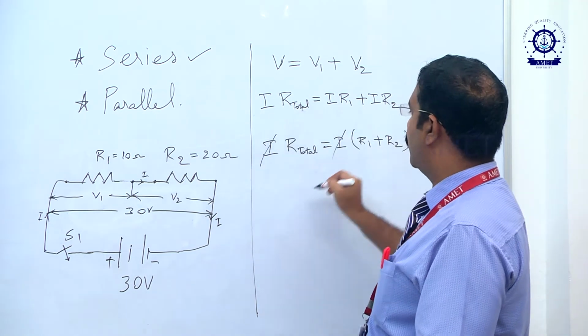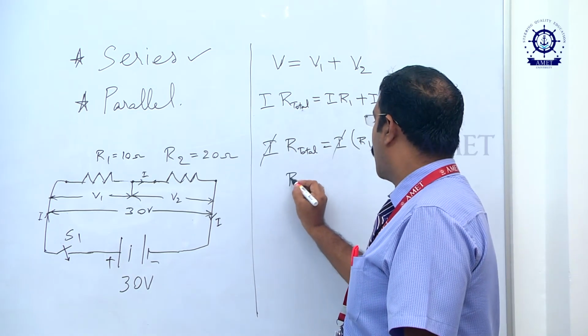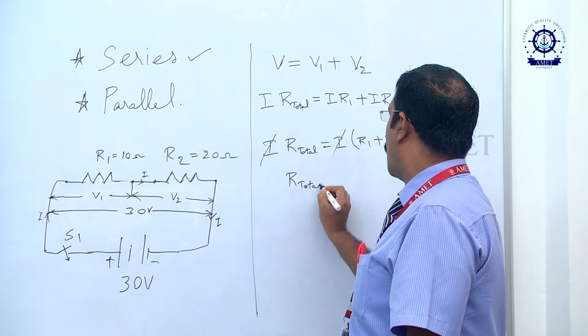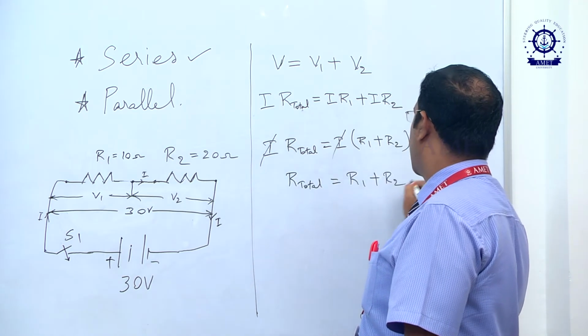In the LHS as well as the RHS I have I, so I can cancel it. Therefore, R total or R equivalent will be equal to R1 plus R2.